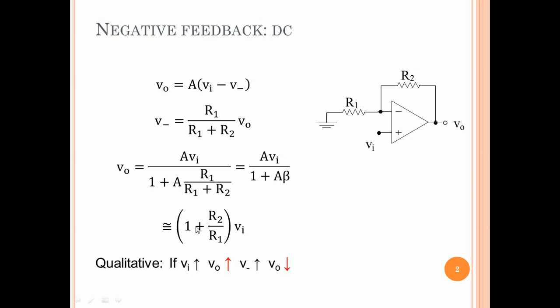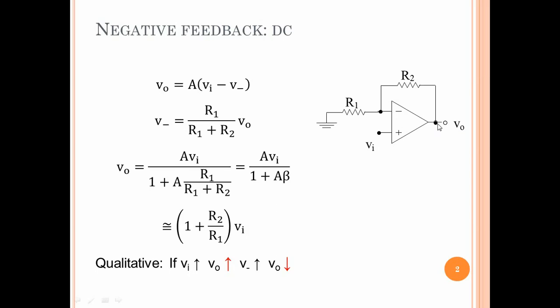Now qualitatively, let us think about this. This is called a heuristic phenomenological argument. Let's just think about this. So if we say that VI increases by a tiny small amount, then by the basic equation of the op amp, as VI increases, this signal goes through the op amp and it causes VO to increase because VI is applied to the positive terminal.